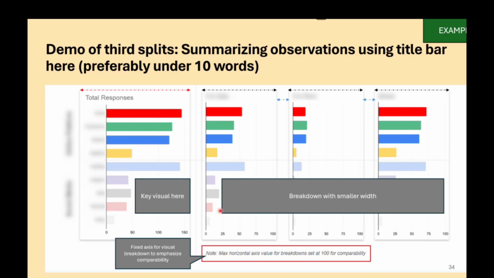So I can have 25, 50, 75, 100. Although this is in absolute, I can also quickly take a look at this and see that for this red color here, it is nearing 75%, something like that, right? So this is how I would show something based on a third splits view.